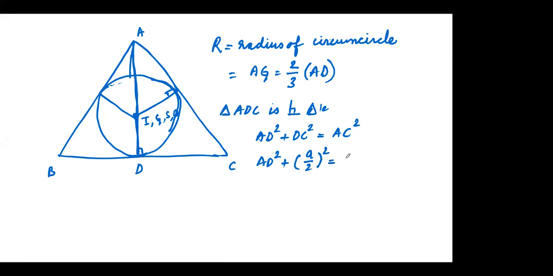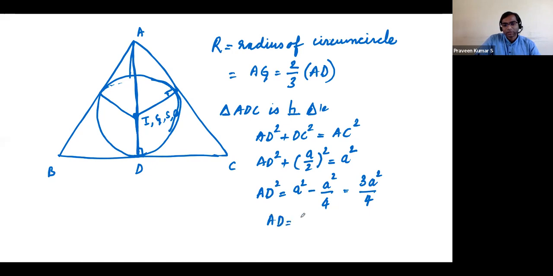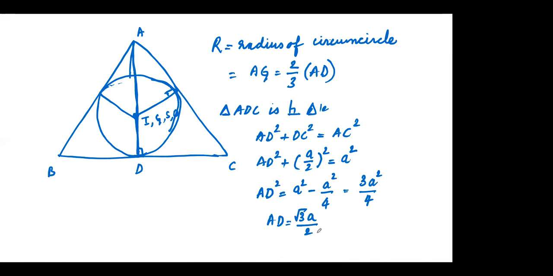Yes, half of the side. AC square will be a square. So what is AD square equal to? It will be equal to a square minus a square by 4, so it will be 3a square by 4. So AD will be equal to root 3 a by 2. Am I right?